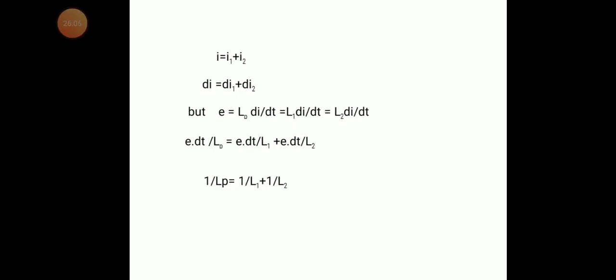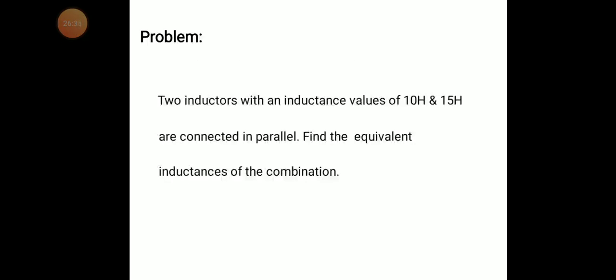So the total parallel inductance is 1 by LP equals 1 by L1 plus 1 by L2. The total inductance of the parallel combination is given by the formula, just like the resistor: 1 by LP equals 1 by L1 plus 1 by L2 plus 1 by L3, and so on up to 1 by Ln. Now we try to solve one problem using this parallel combination.